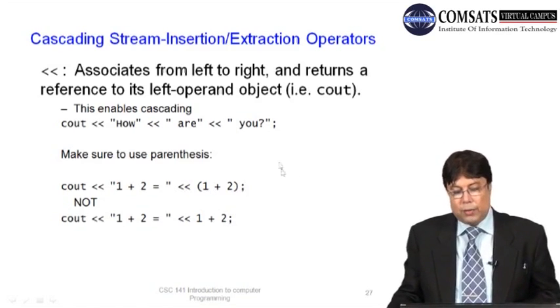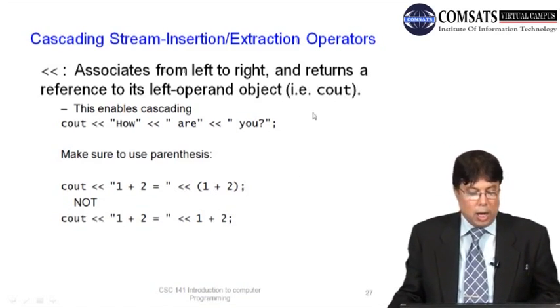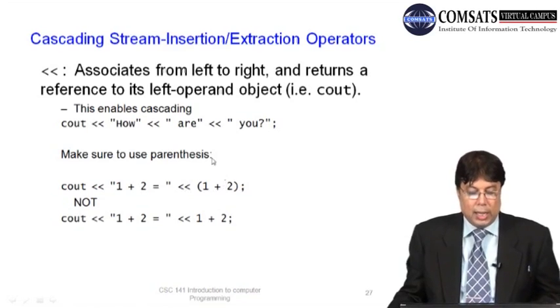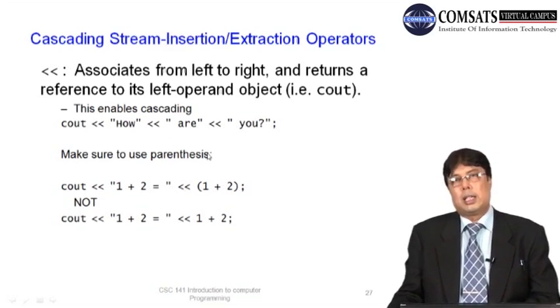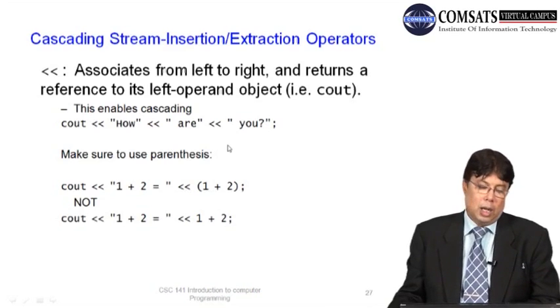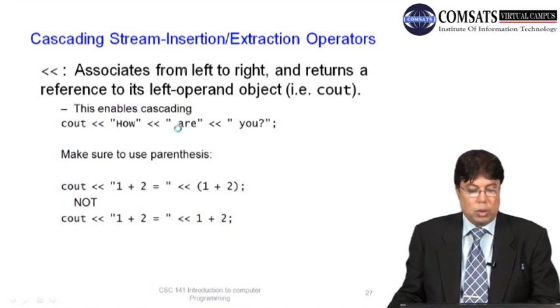The reference to the left operand object, that is cout, is the left operand object, and we need to provide the right operand also. Then you can put different arguments, and for the arguments you can use cascading, or you can put it without cascading, and it will perform the service. So this is the cascading for cout.